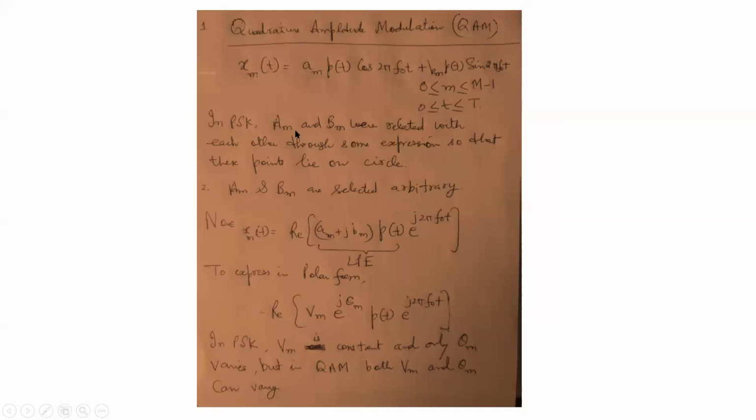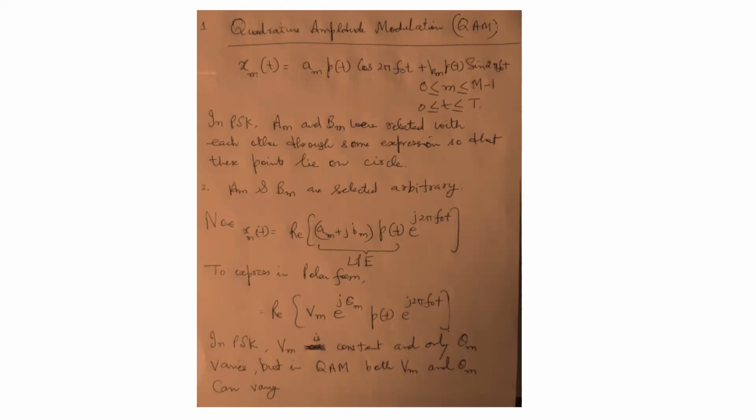Anywhere you can have the constellation point on the two-dimensional plane. Anywhere the point can be there. But in the case of PSK, the points will have locus only on this circle. But in the case of quadrature amplitude modulation, the points can be anywhere. It is not necessary that the points will lie on the circumference of the circle.